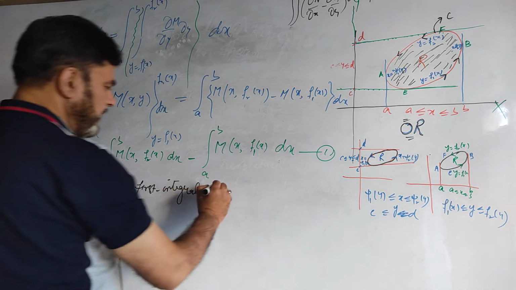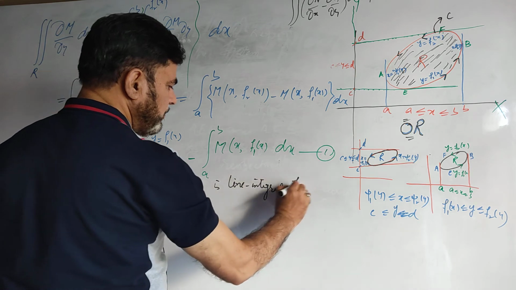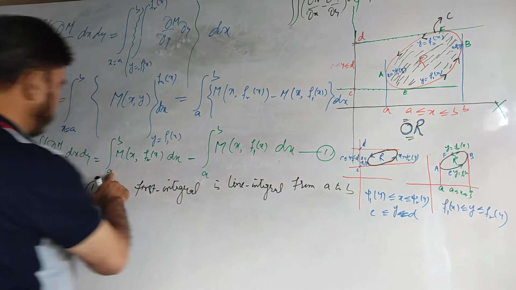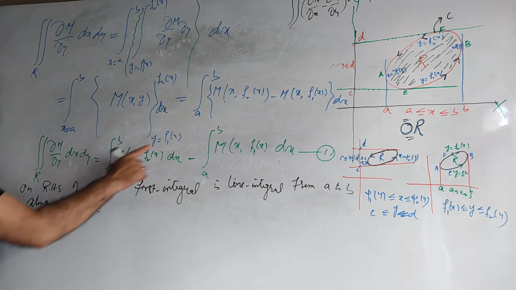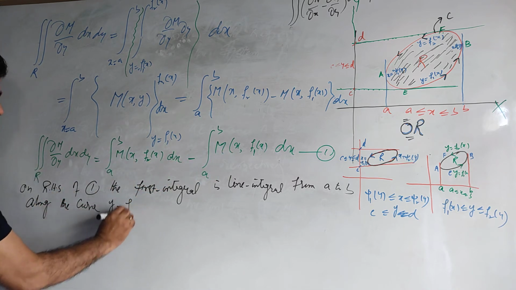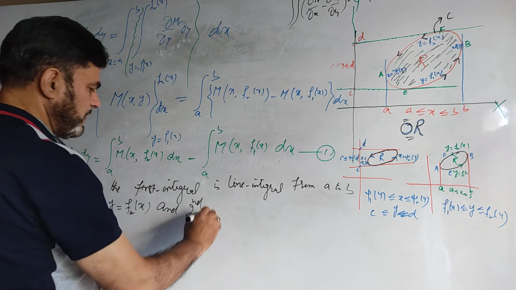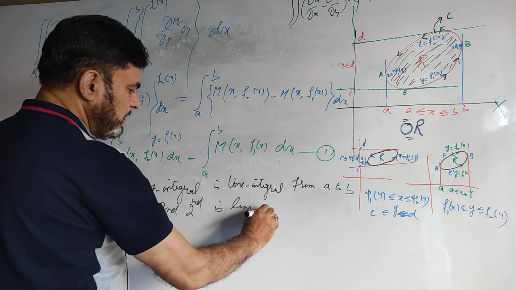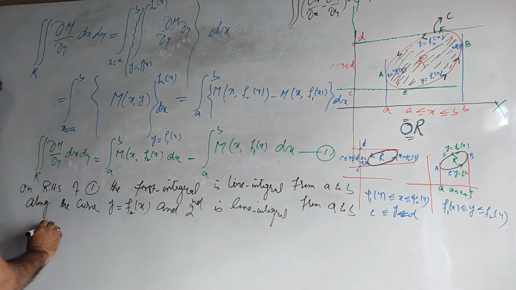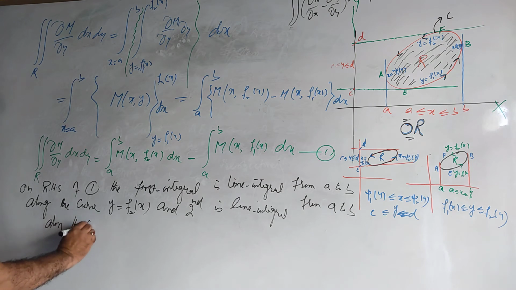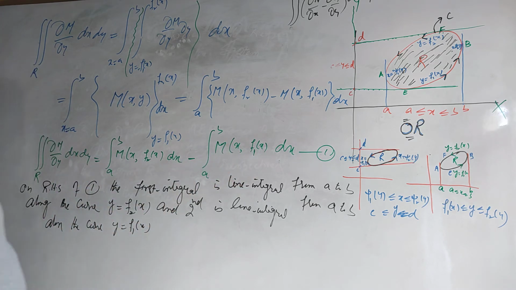The first integral is a line integral from A to B along the curve y is equal to f2x, and the second is a line integral from again A to B along the curve y is equal to f1x.